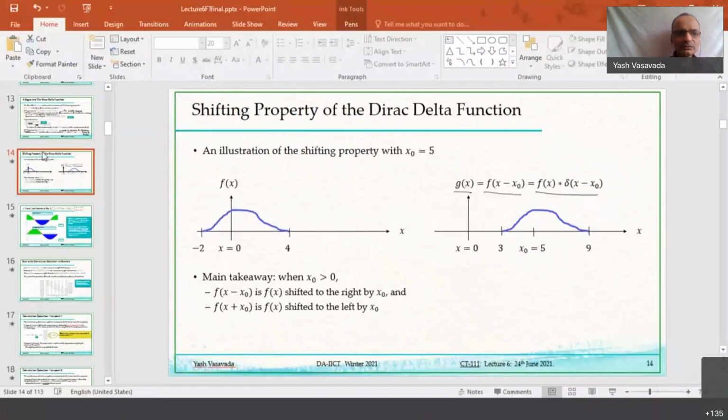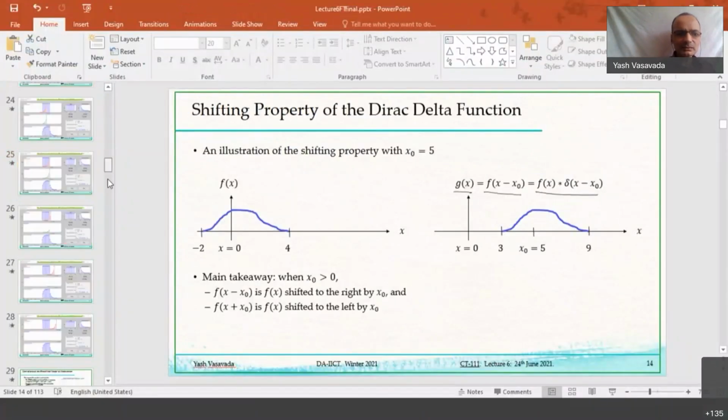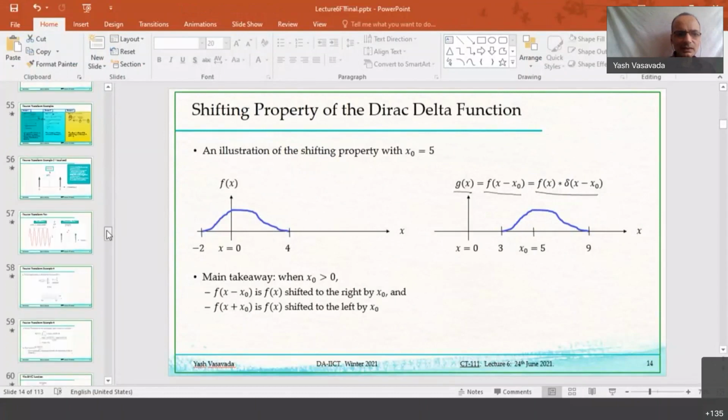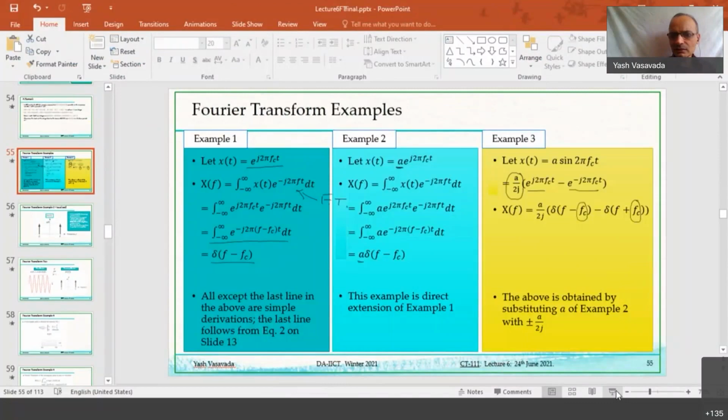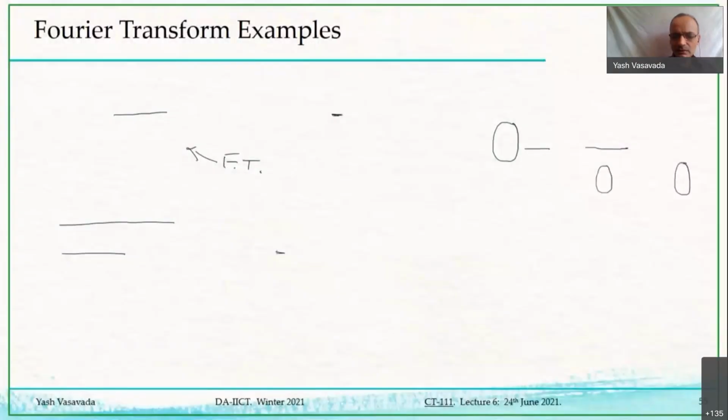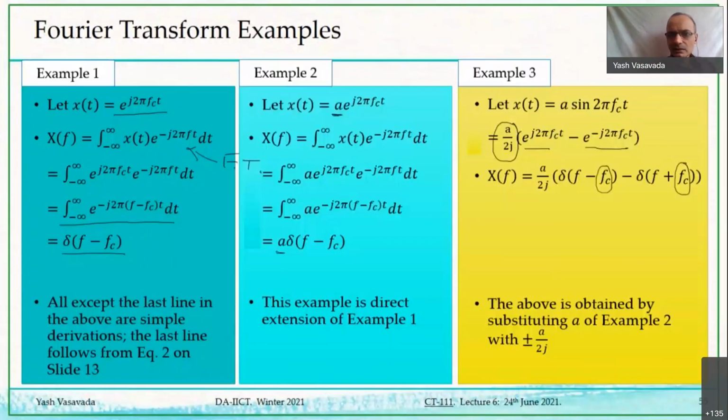And so that's why over here, this is the delta function shifted to the right by f of c, meaning that it is located at f of c. The original delta function is located at f equal to 0. This delta function, maybe I should write it down here.